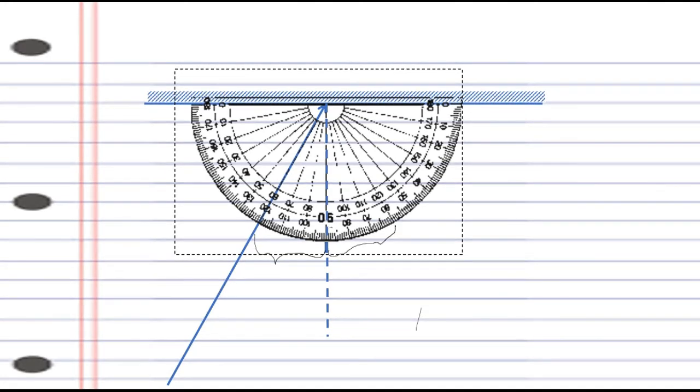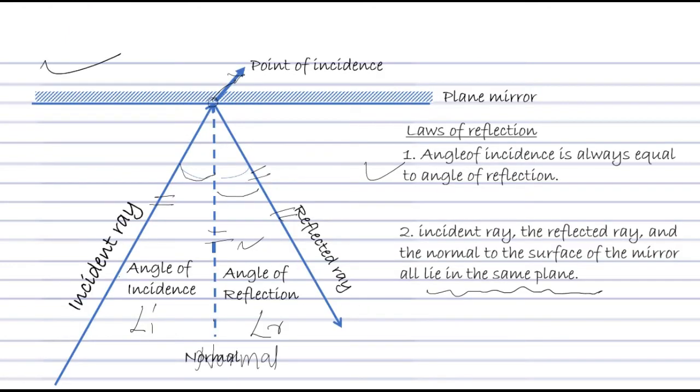You have to right now take a paper and compass box and draw it some 3-4 times, draw as well as state the laws and practice. Now this diagram is drawn keeping the plane mirror horizontal.